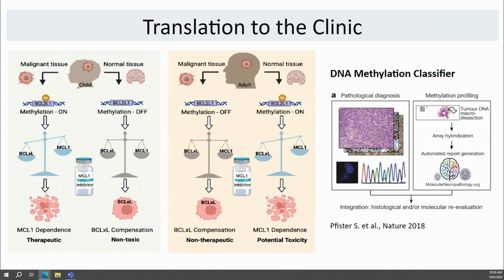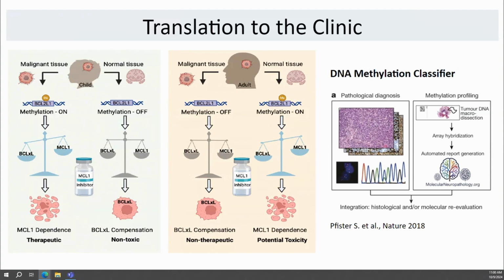Our current model really suggests that in pediatric brain cancers, we have a preponderance of BCL2L1 methylation that represses BCL2L1 expression and renders these pediatric gliomas highly sensitive to MCL1 inhibition, as opposed to the normal brain tissue, which has a higher level of BCL2L1, and we expect less toxicity. This is in contrast with adult cancers, which have a higher level of BCL2L1 and hence resistance to the MCL1 inhibitors.